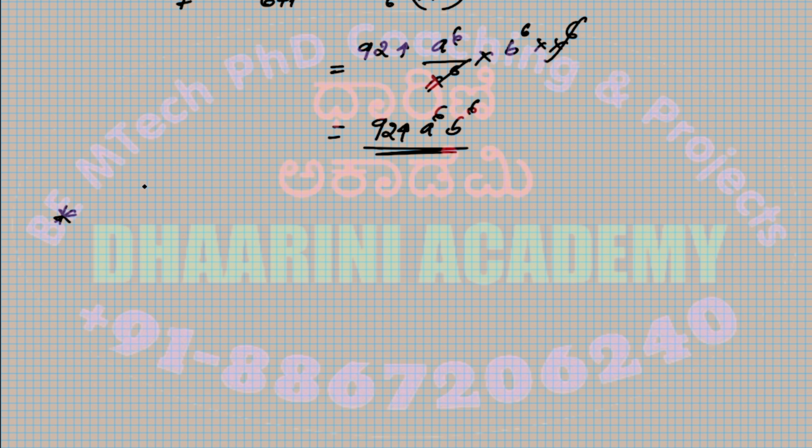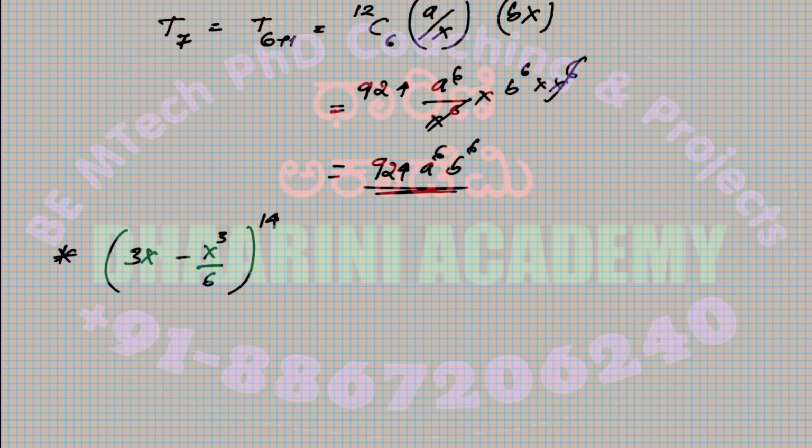Right. Next question. Find the middle term in the expansion of (3x minus x^3/6) raised to the power 14. We can see that n is equal to 14. So n plus 1 becomes 15.